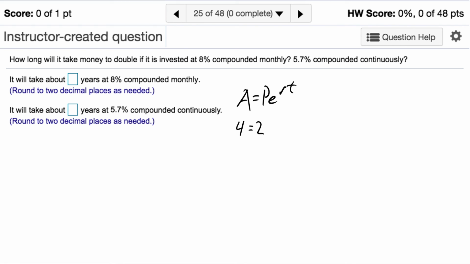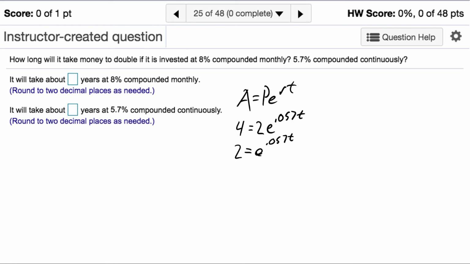P would be 2, e to the 0.057 times t. A couple steps here to solve. First thing is we'll divide by 2. That's going to give us 2 equals e^(0.057t).